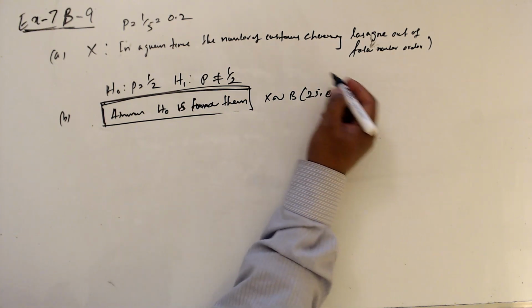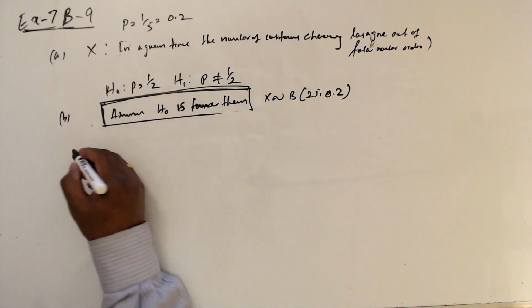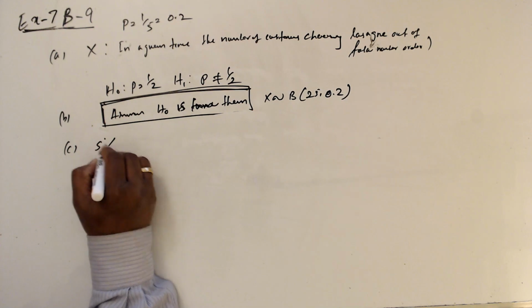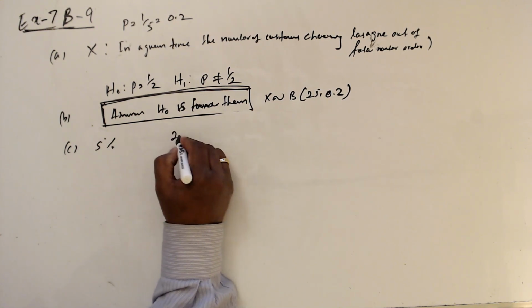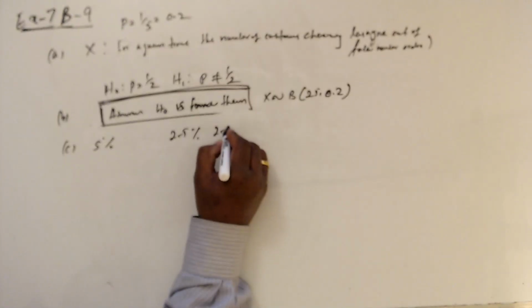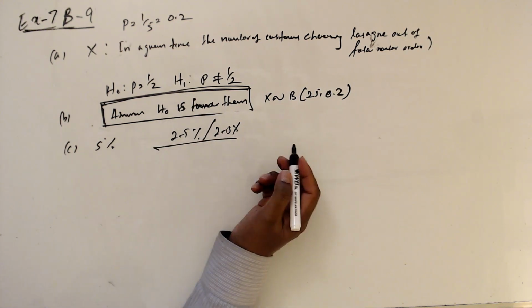So the significance level is 5%. It means from lower and upper, 2.5% each.